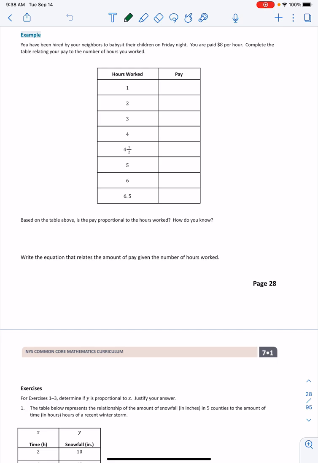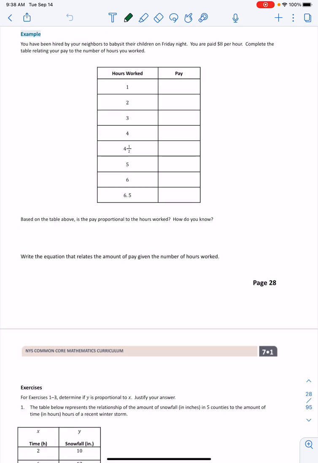Well, if I worked 1 hour, I get $8. Okay. So now if I work 2 hours, 2 times 8 is 16. If I work 3 hours, 3 times 8 is 24. 4 times 8 is 32.